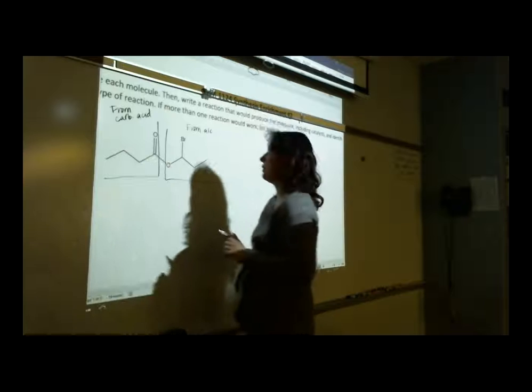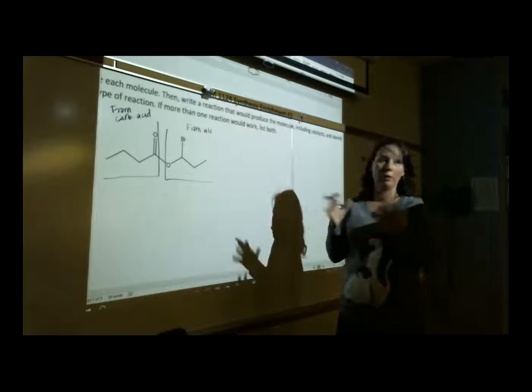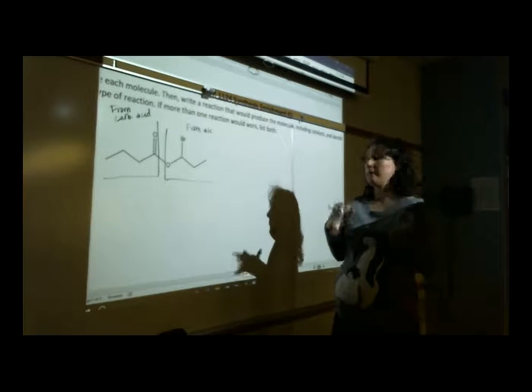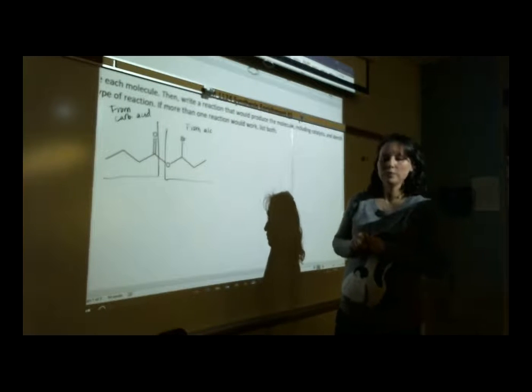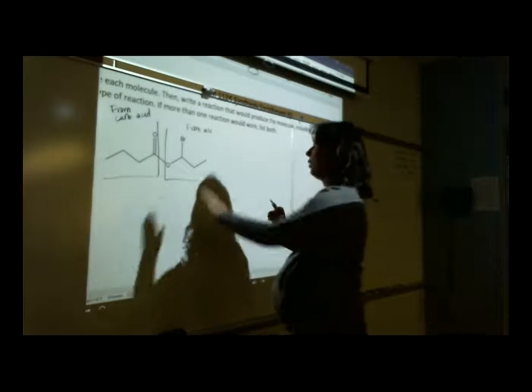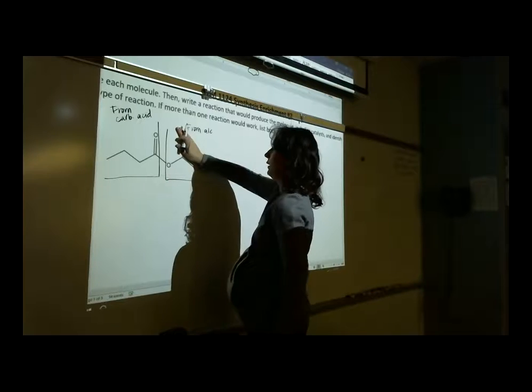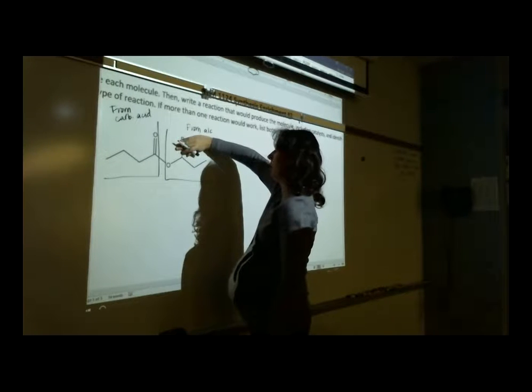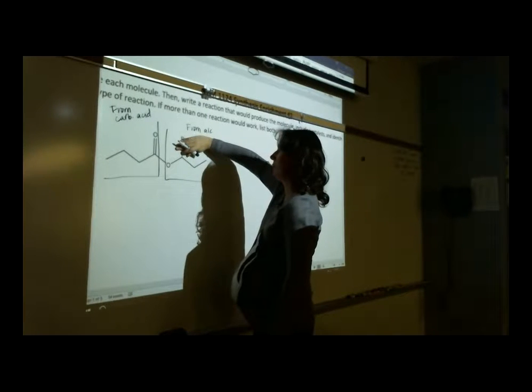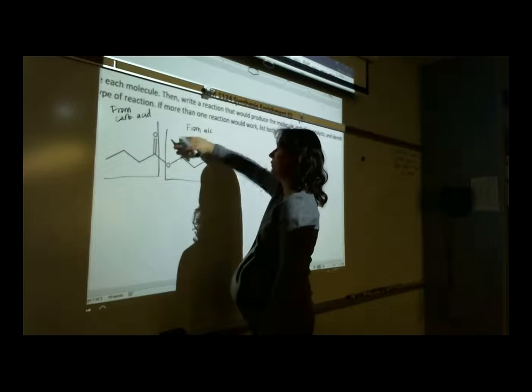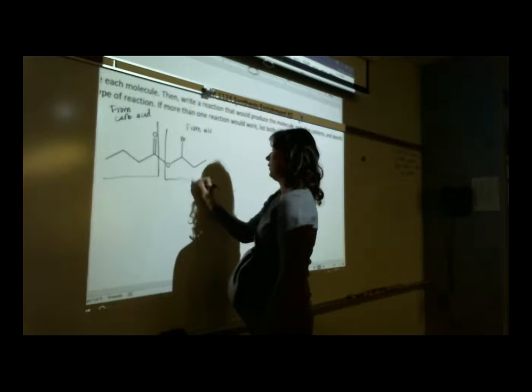And then when we put the name together, which part goes first, the alcohol part or the carboxylic acid part? The alcohol part came first, right? Now if this bromo wasn't here, if this were completely not here, what would this be called? Propyl, right?